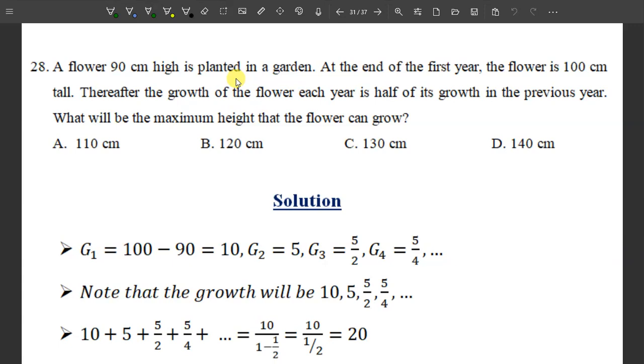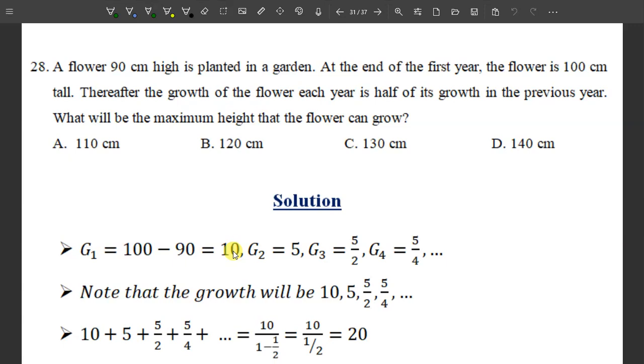Let us deal with this one. Since we planted a 90 centimeter high flower, after a year, if it is 100 centimeter high, then G1 becomes 100 minus 90. The growth is simply 10 centimeter after a year.